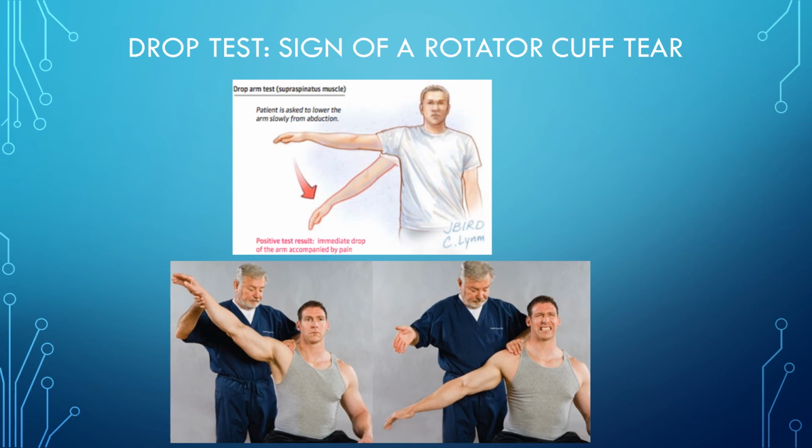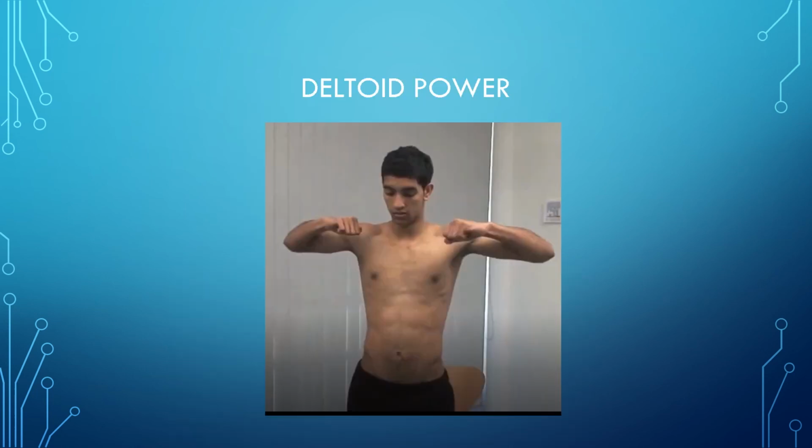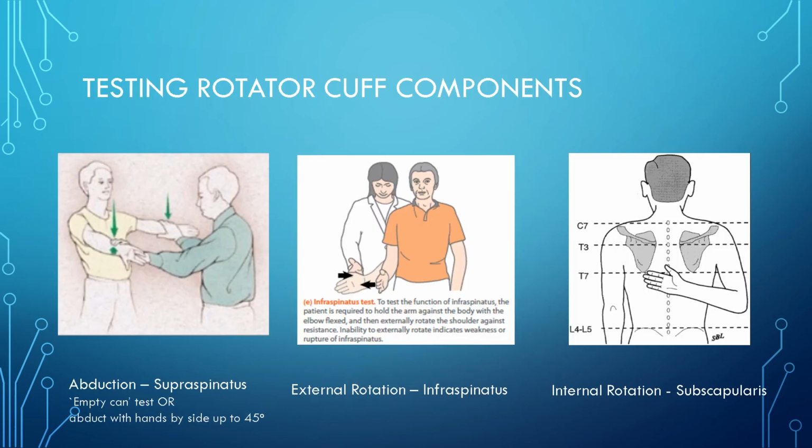So looking for the drop test, you're looking first of all, is there pain as they begin to adduct the arm down, or suddenly there may be dropping of the arm. They cannot hold the arm in that slow motion because they've got a weakness in the rotator cuff. Another thing we're looking for is deltoid power. Now we're going to look at testing the different components of the rotator cuff.